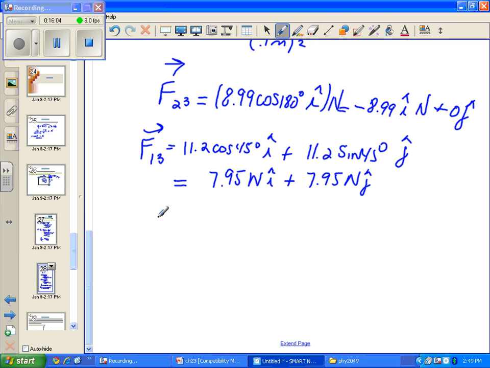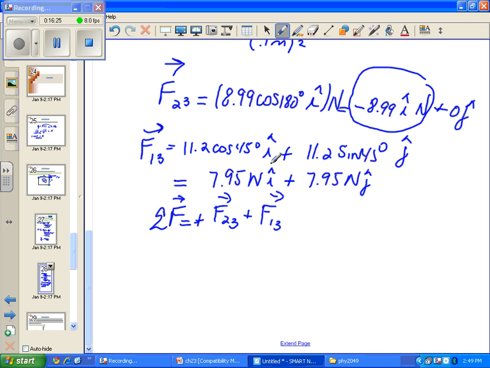To get the net force on charge 3, we need to add F23 with F13. But adding these means we have to add the x component of F23 with the x component of F13, the y component of F23 with the y component of F13.